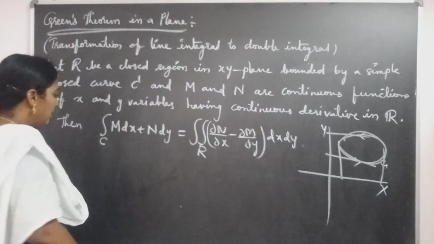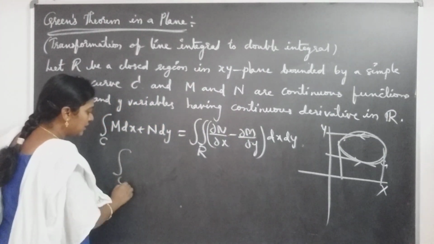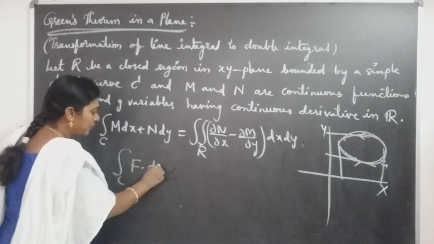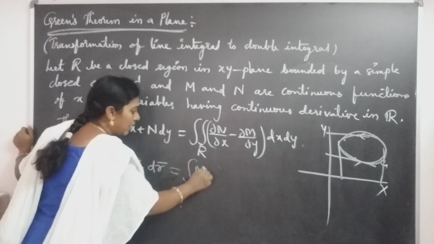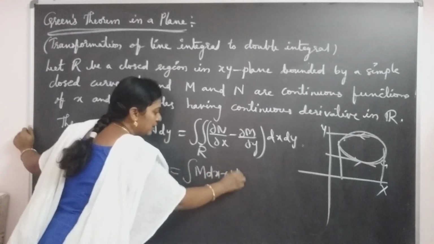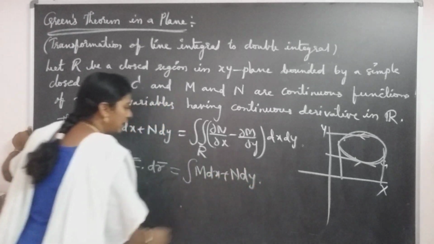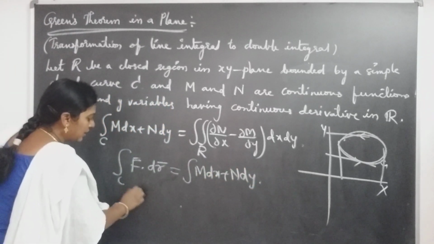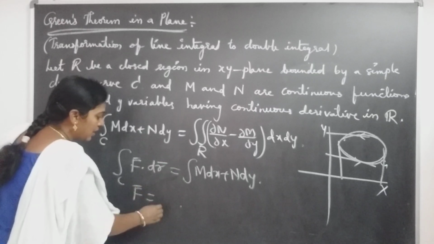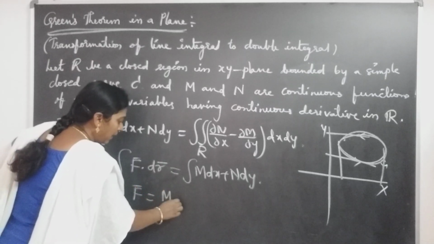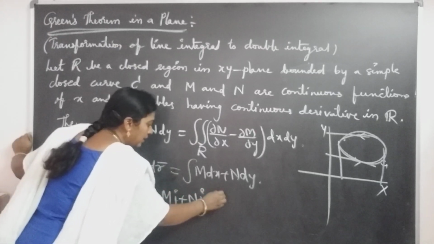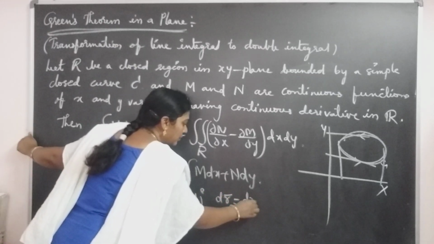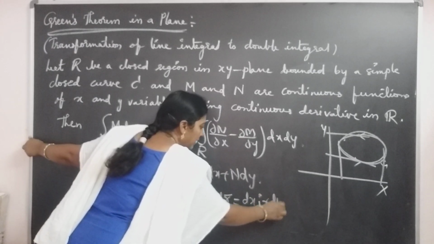If it is in circular motion, then the integral over C of F dot dr is equal to the integral of M dx plus N dy. Here F bar is equal to M i plus N j, and dr bar is equal to dx i plus dy j.